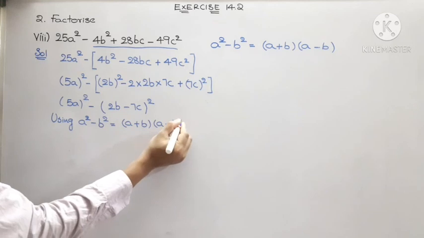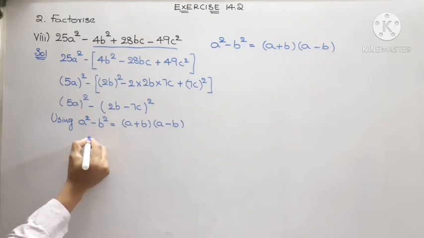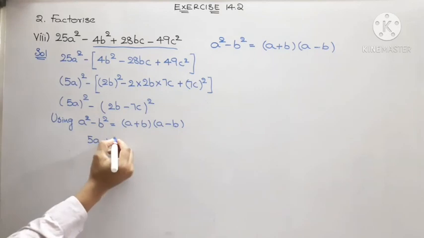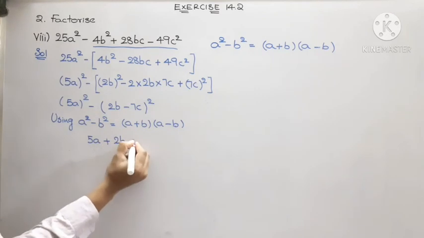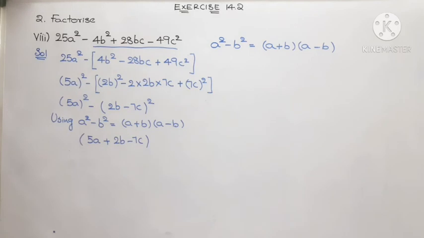So what's the a value here? 5a. Plus the b value, 2b minus 7c: 5a plus 2b minus 7c.